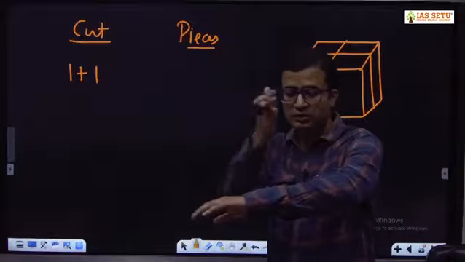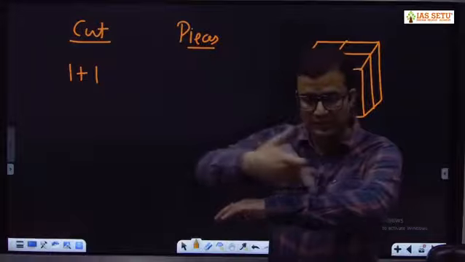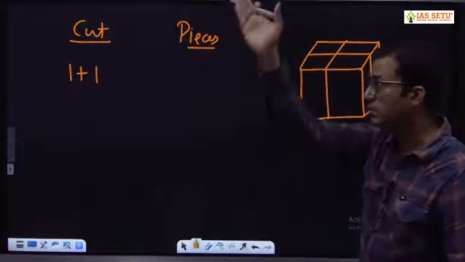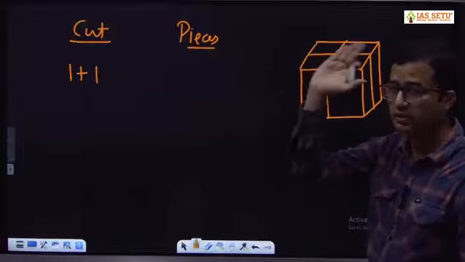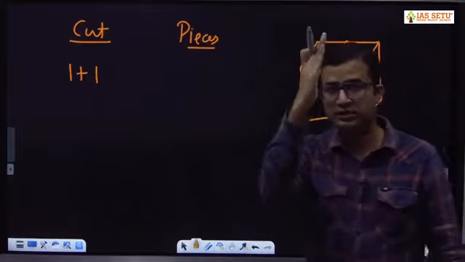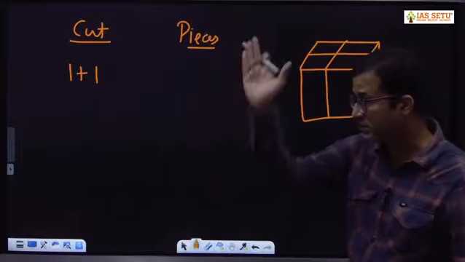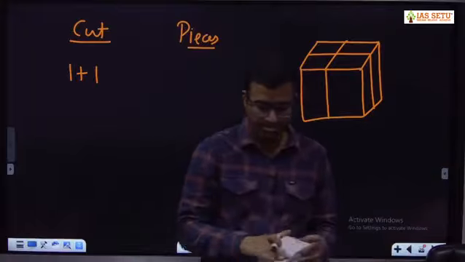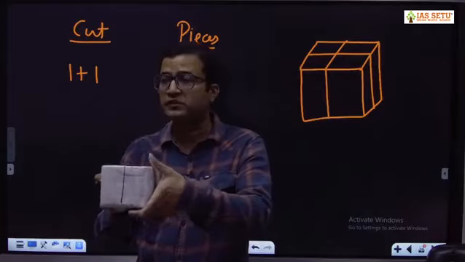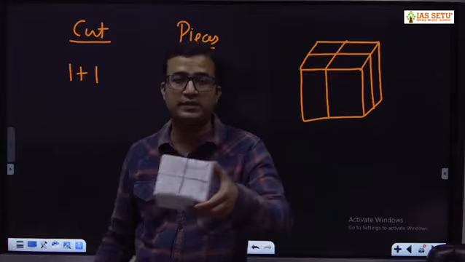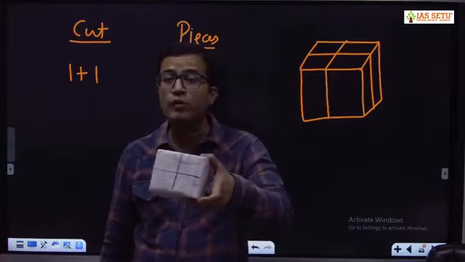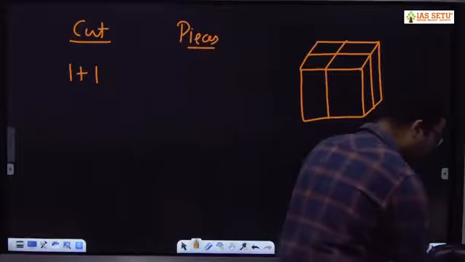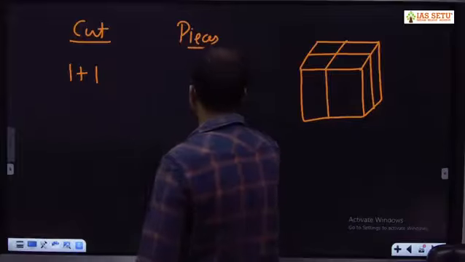Or understand it like this: once I run the knife in this orientation, and once along this other axis. So this is the first axis, this is the second axis. How many pieces do we get? 1, 2, 3, 4. So if you make 1 plus 1 cut, we get a total of 4 pieces.